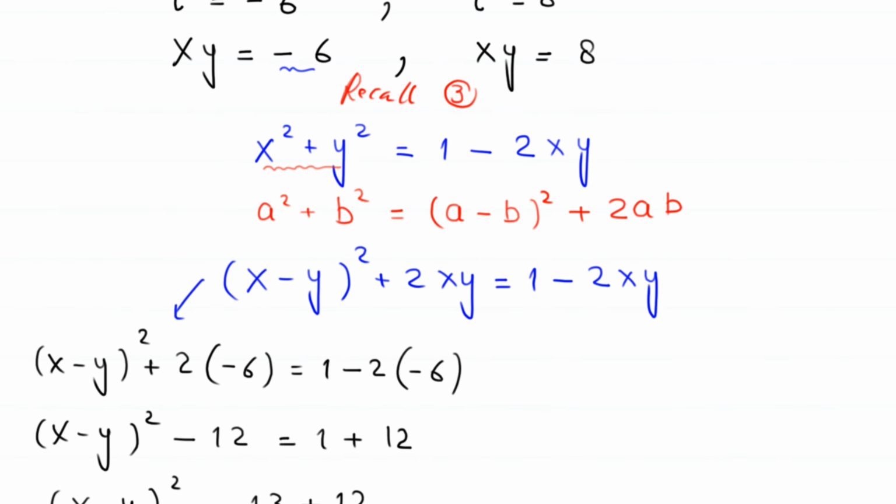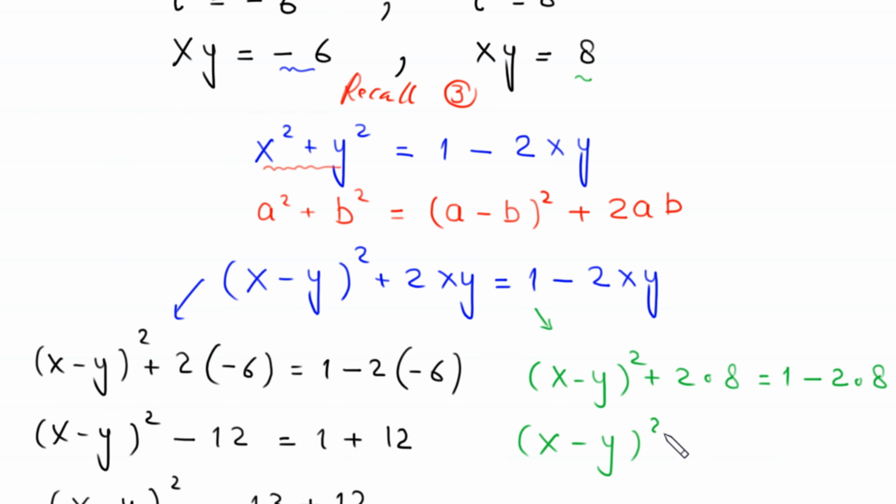When xy is equal to 8, then this equation will become x minus y whole squared plus 2 times 8 is equal to 1 minus 2 times 8, and x minus y whole squared plus 2 times 8 will become 16 is equal to 1, negative 2 times 8 will become negative 16.